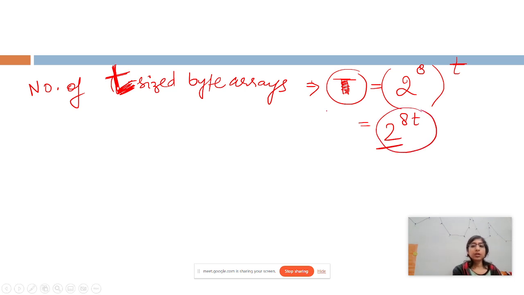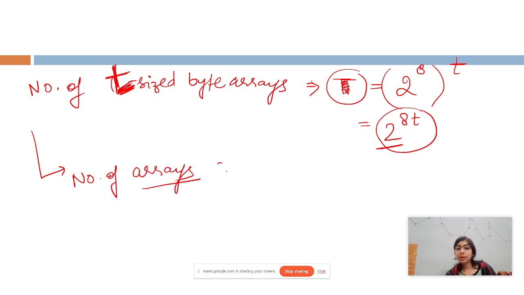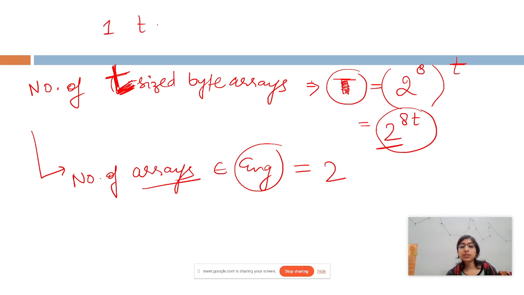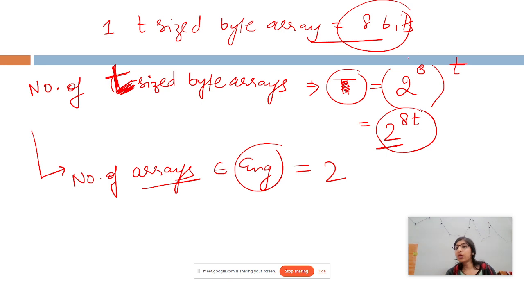And if these arrays should belong to the English language, then how many bytes should it occupy? One T-sized byte array is taking up 8 bits, right? And if it needs to belong to English language, instead of 8 bits per character, how many bits should it take? 1.25, right?